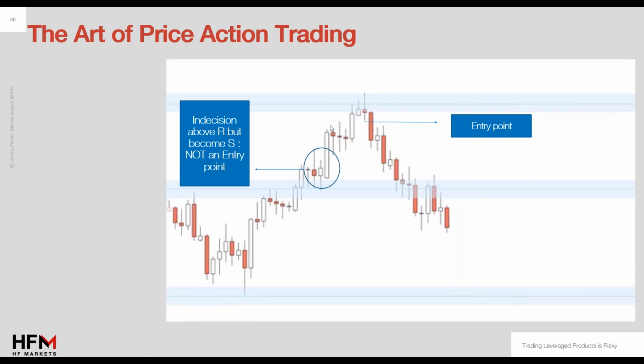entered long either at the end of this candle or at the swing low over here, benefiting from this distance.